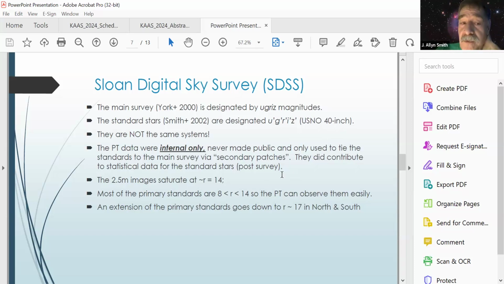The issue came up with the 2.5-meter images saturated at about R of 14. The PT can only effectively observe to R of about 12 to 12.5 in a reasonable integration time, and it's worse at the ultraviolet end. And so there were some issues here, and so we came up with yet another way to do this.